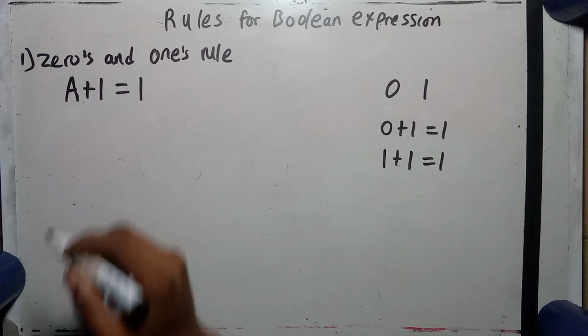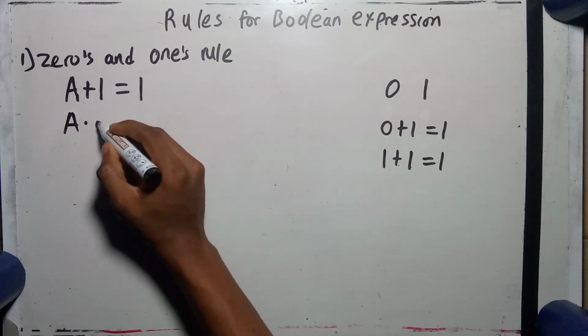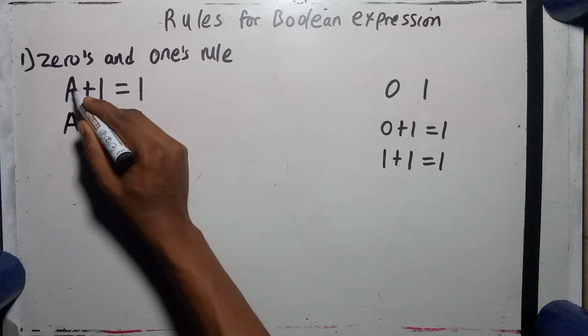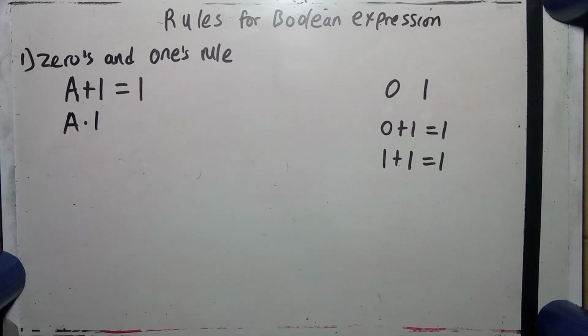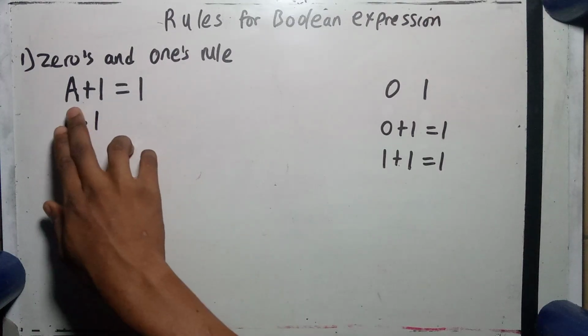And if we are multiplying by 1, if this was algebra, if this was A plus 1, we can't add this, but here we can. For Boolean expression, we can.